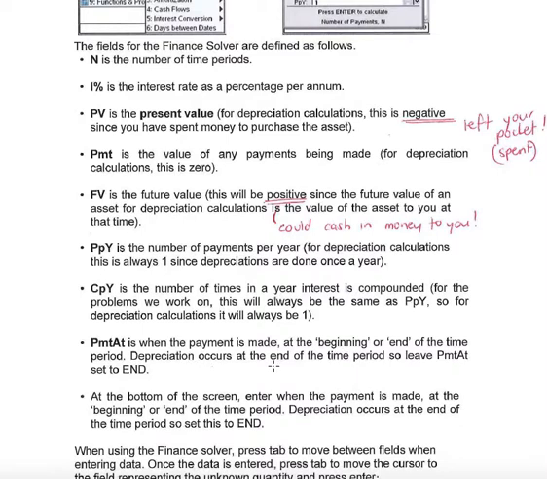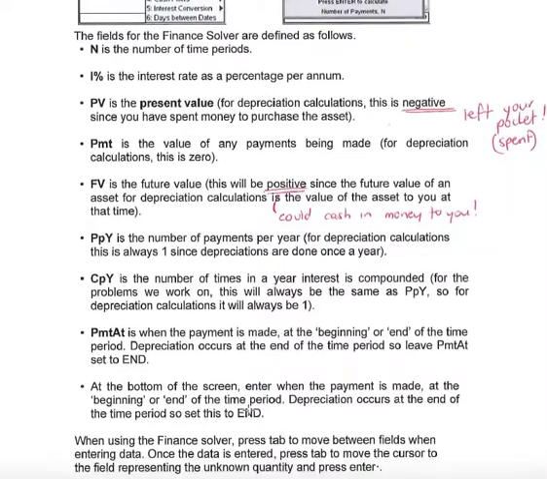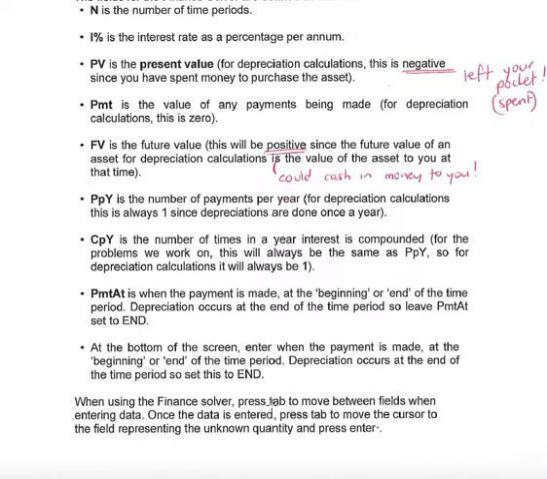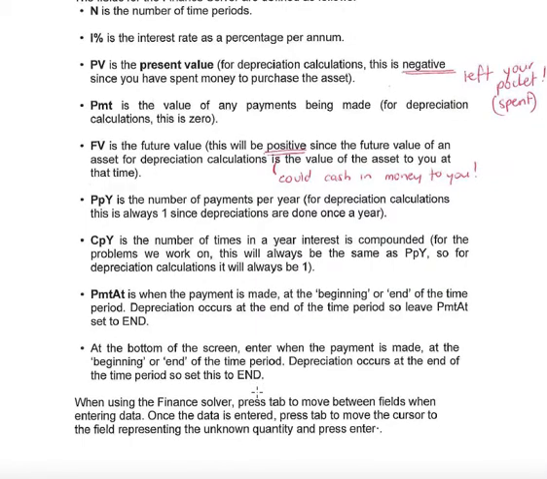Depreciation occurs at the end of a time period, so leave the payment set to the end, because usually that's when it all changes. So try and make sure those fields are correct.